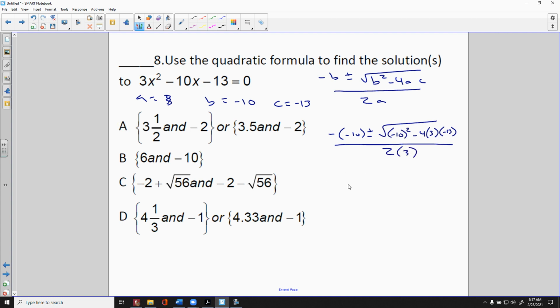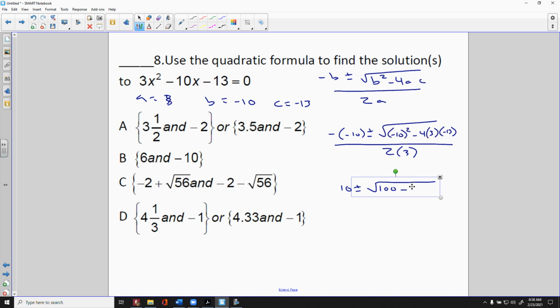Let's do some simplifying. 10 plus or minus the square root of 100 minus 4 times 3 would be 12, right? That's going to be a negative. 4 times 3 is 12, times 13 is 156.